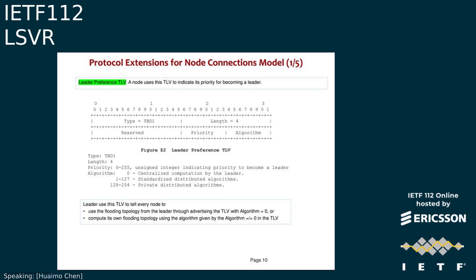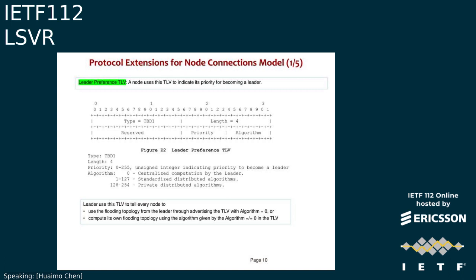So this is a leader preference TLV. This TLV contains a priority field and an algorithm field. The priority field indicates the node's priority for becoming a leader. Every node can use this TLV to advertise its priority to become a leader. This TLV also contains a field for algorithm.